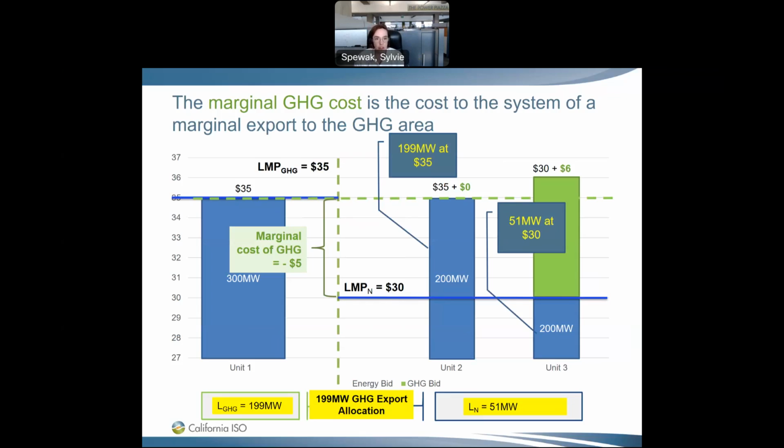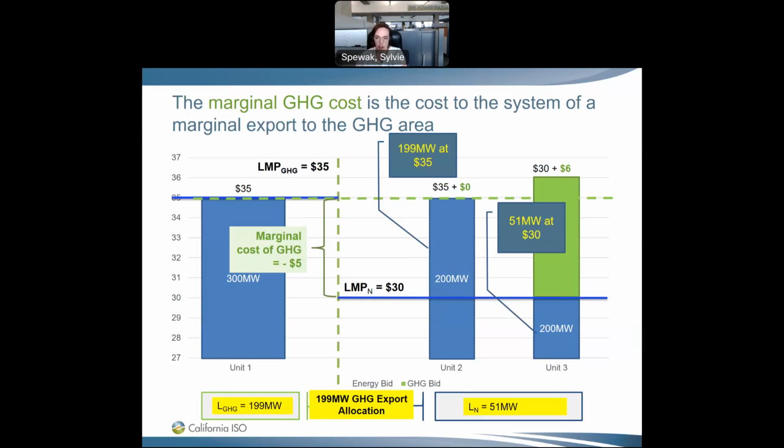And when we do that, we're able to dispatch down 1 megawatt of Unit 2, or Unit 1, if you've chosen that to dispatch in this situation. Either way, we're able to dispatch down 1 megawatt of the more expensive resources and dispatch up 1 megawatt of Unit 3.